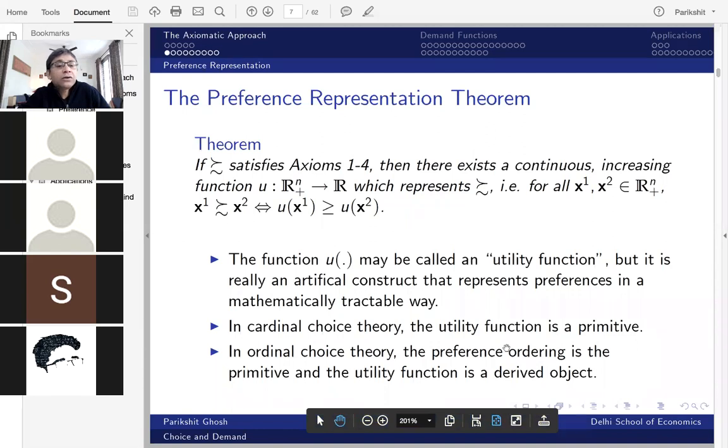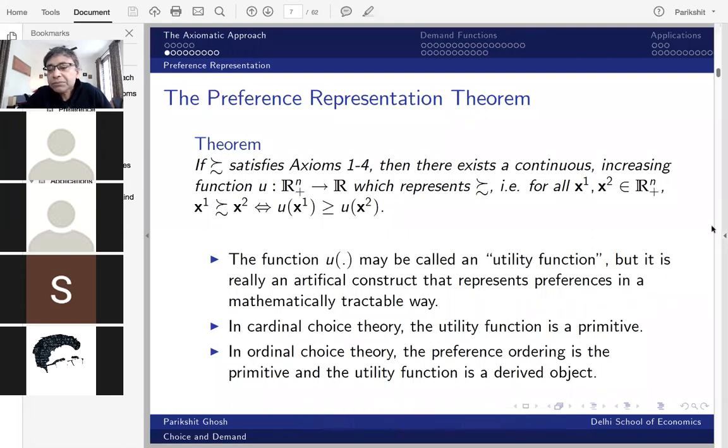Now, why are we bringing back utility? Because later, as we move on, I'm jumping ahead a little bit, but we'll see that eventually, when we say that the consumer tries to pick her most preferred bundle among the things that she can afford, stated that way, the problem is very difficult to analyze and get results out of.